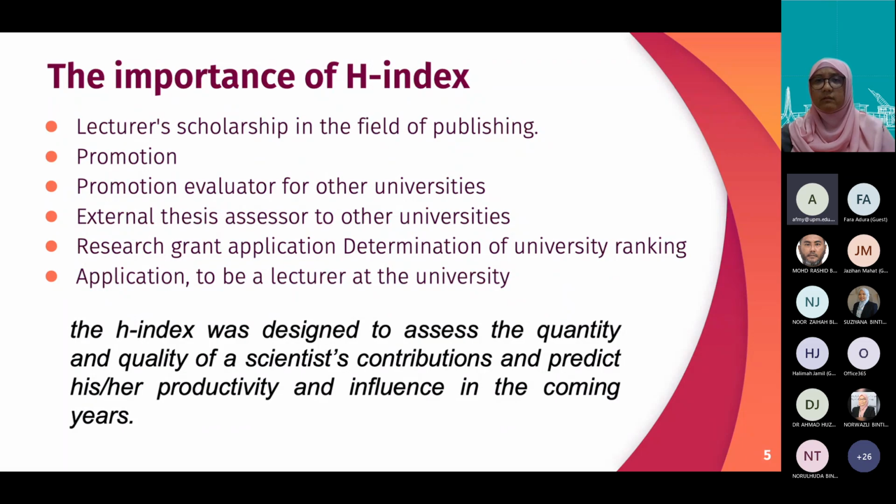And then for professor, they need an H index of 10 for social science. But for science, it is different. H index will also be the indicator for those getting promotion from doctorate to associate professor.